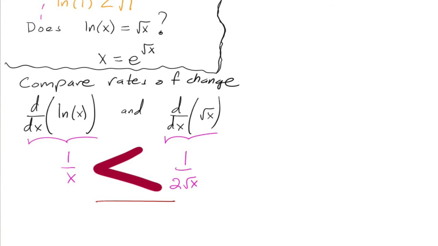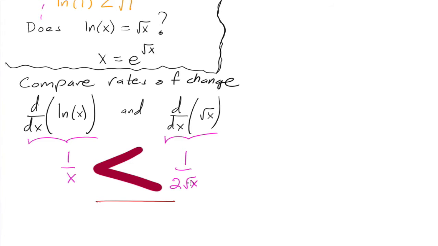Still okay, just because it's the same slope at one point doesn't mean, if you continue out on that path. The rate of change is, so this is true after x equals 4, right?